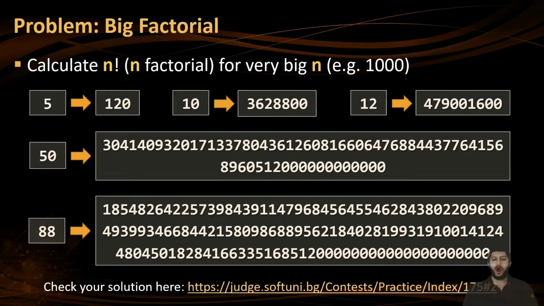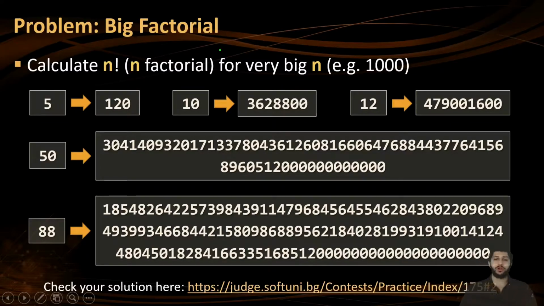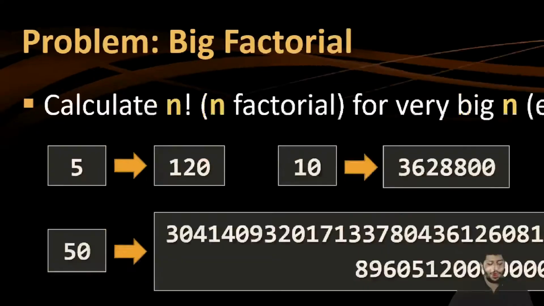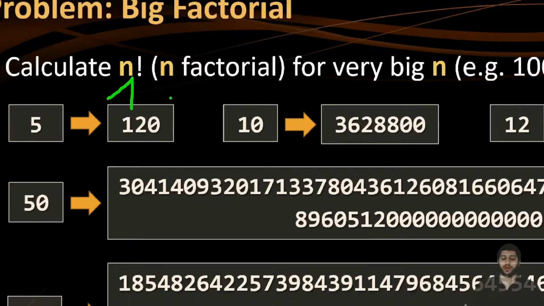The next problem that we have is calculating the big factorial. So calculating the big factorial means that we need to calculate a factorial of a big number. What was factorial? Do you remember? Well, factorial is a way to calculate everything from 1 to the number that we have.